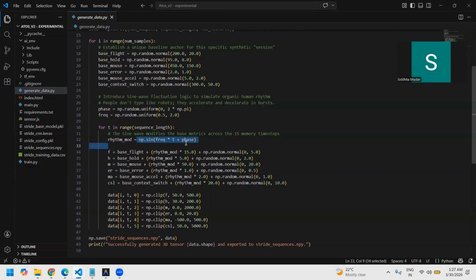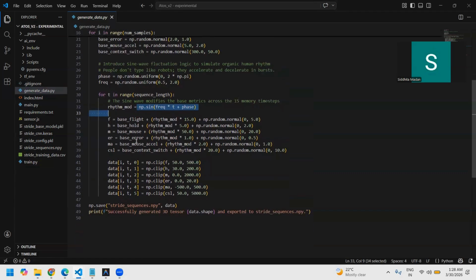Keyboard typing, mouse behavior operates in burst, and that is the exact reason we are using a combination of variance and also a sine wave function to calculate the baseline of normal behavior across the six dimensions. So that is how we are simulating organic human user behavior.